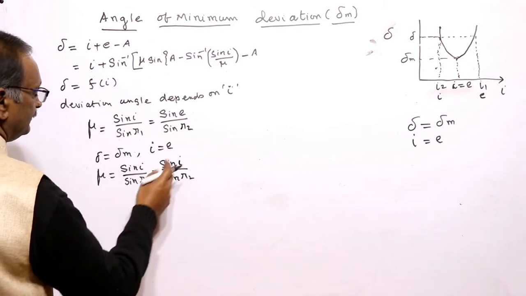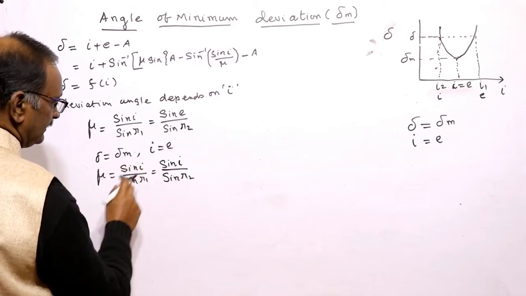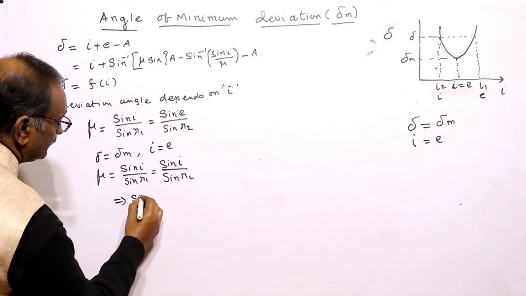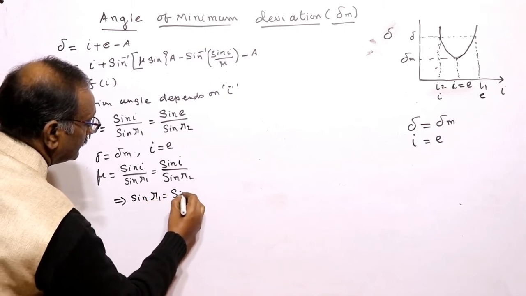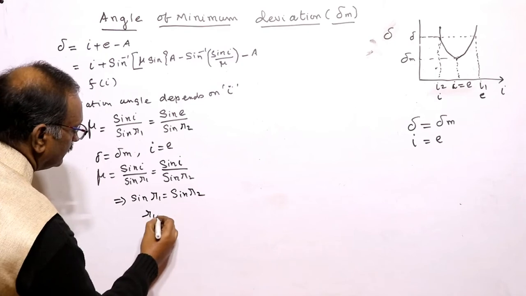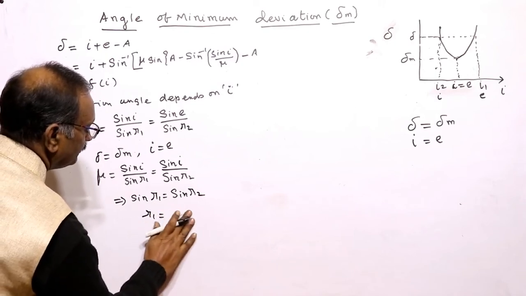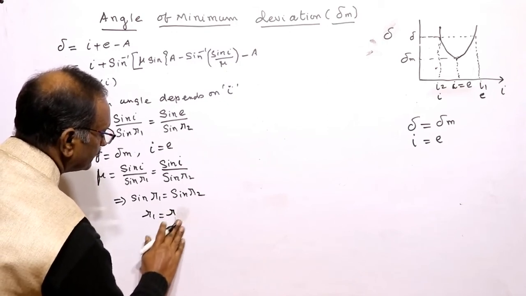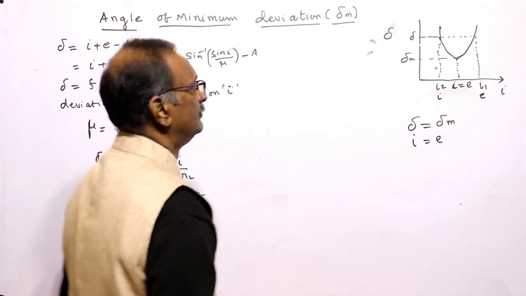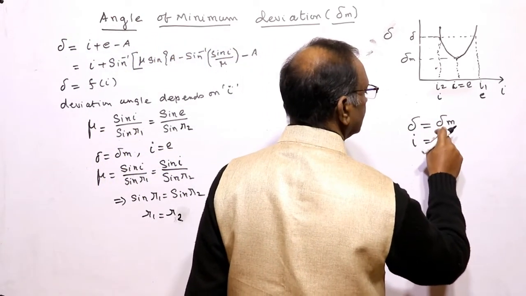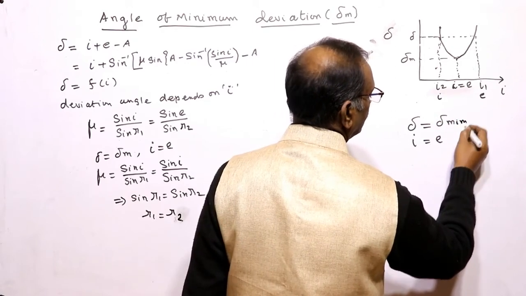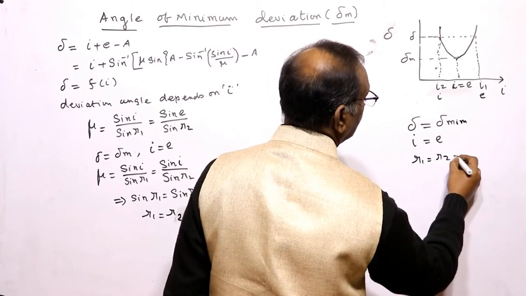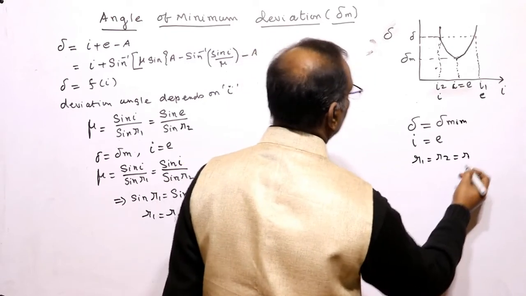It means sine of R1 is equal to sine of R2, that is, R1 is equal to R2. So at minimum deviation, the angle of incidence is equal to the angle of emergence, and R1 is equal to R2. We can call both R.